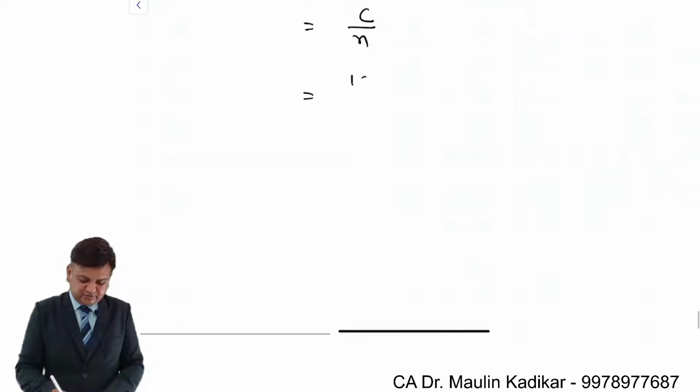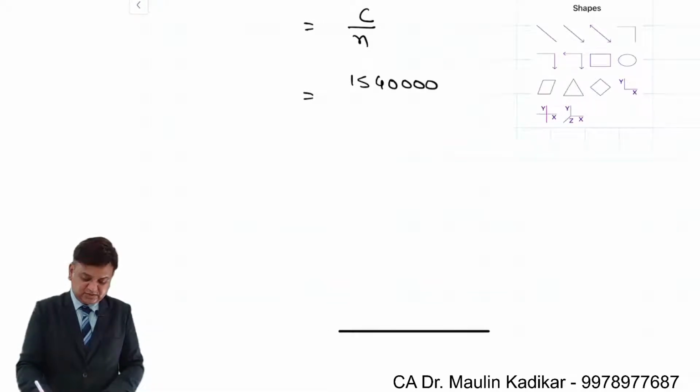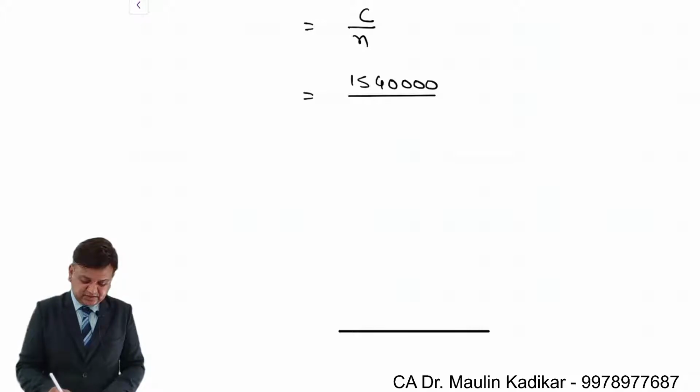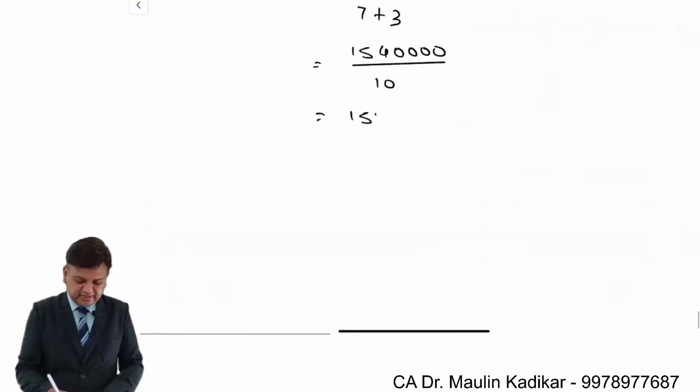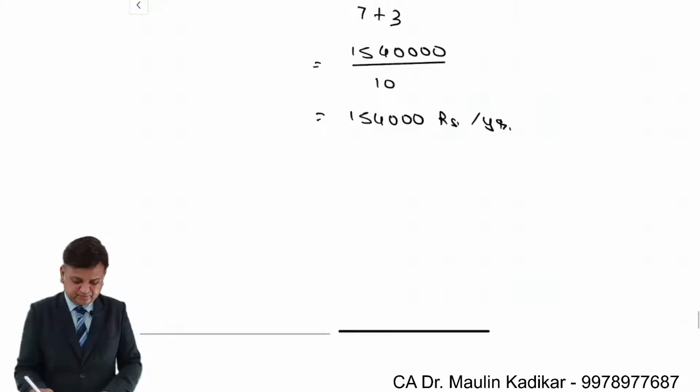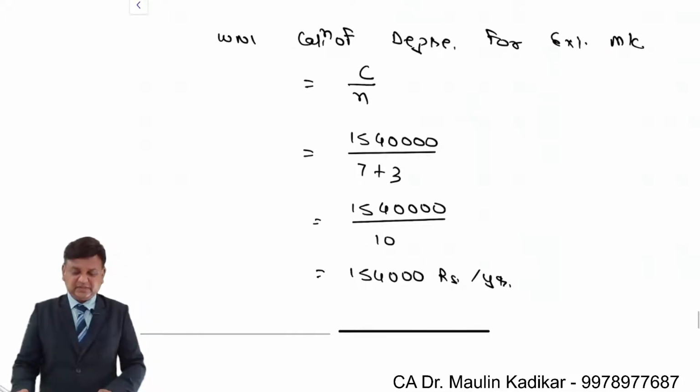Cost is 15,40,000 divided by number of years, which is 7 plus 3. So 15,40,000 divided by 10 comes to 1,54,000 rupees per year. That is the depreciation for existing machinery.